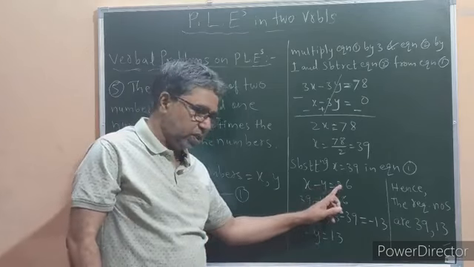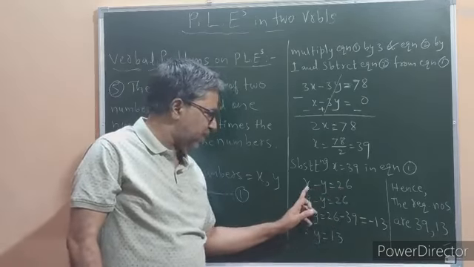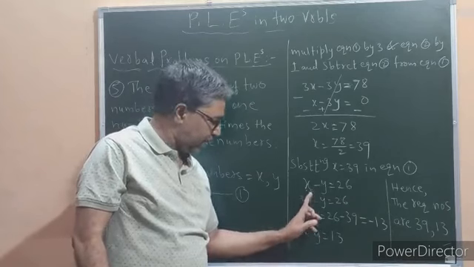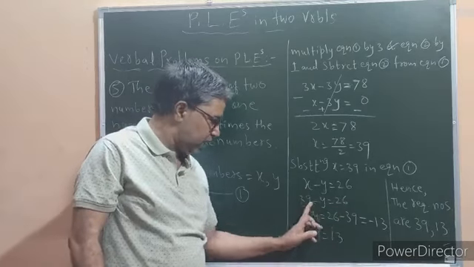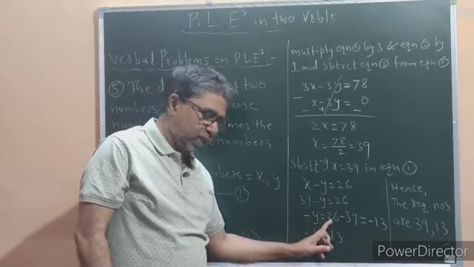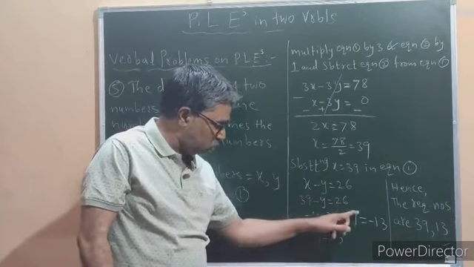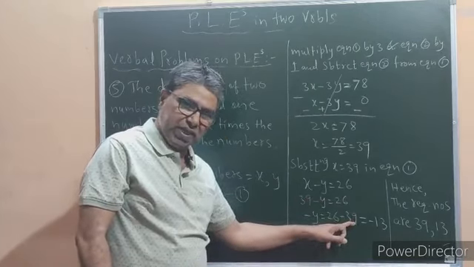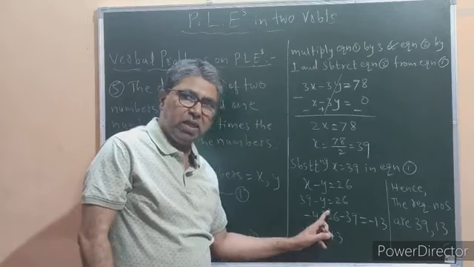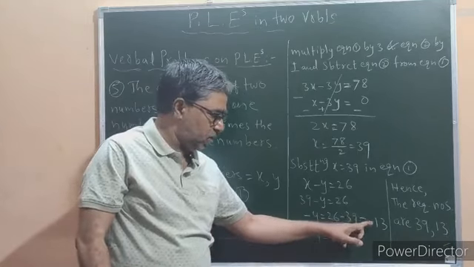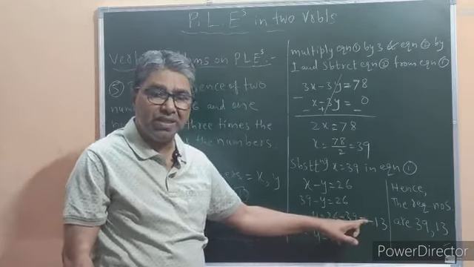x minus y is equal to 26. Replace x by 39. 39 minus y is equal to 26. Shift 39 to RHS. You will get minus y is equal to minus 39 plus 26, which will be minus 13.